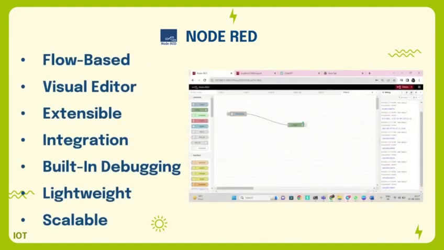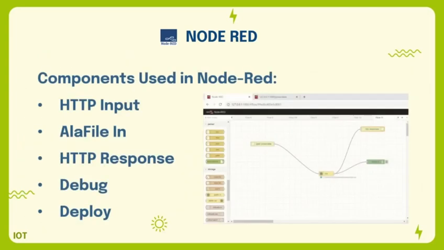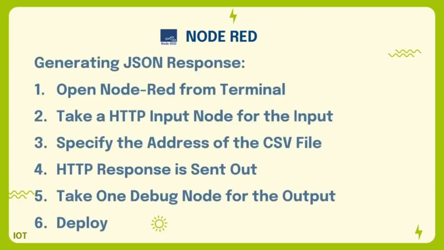The key features of Node-RED are flow-based programming, visual editor, integration, built-in debugging, lightweight and scalable. The components used in Node-RED are HTTP input, debug, deploy, HTTP response. Next is, how can we generate a JSON response?